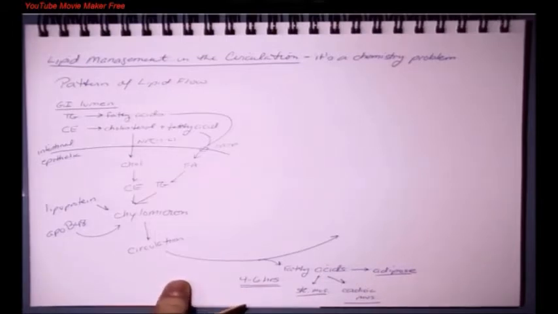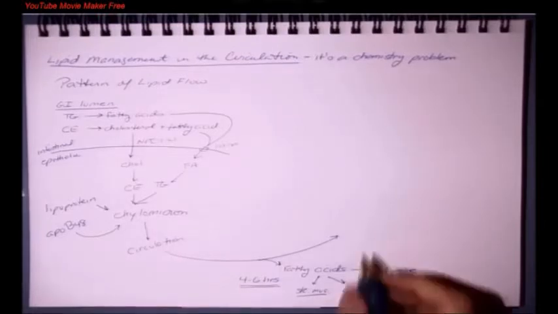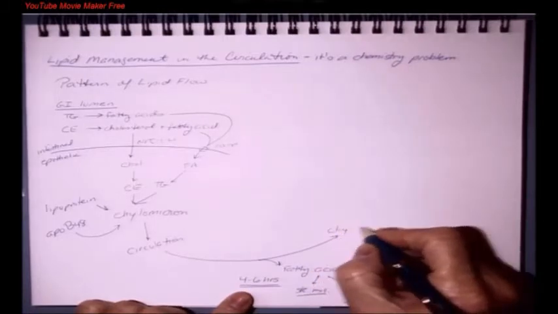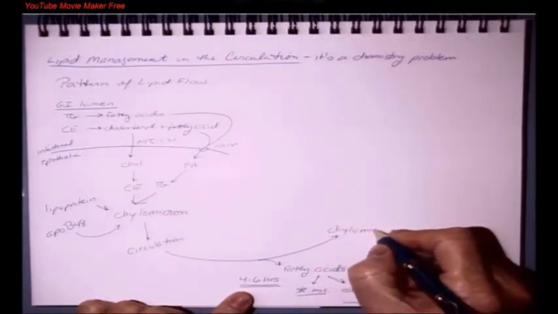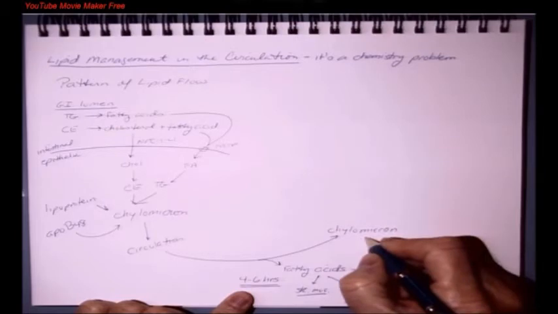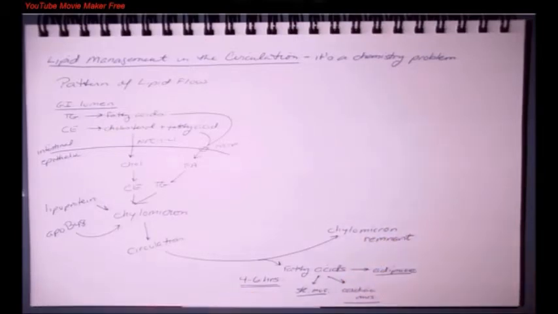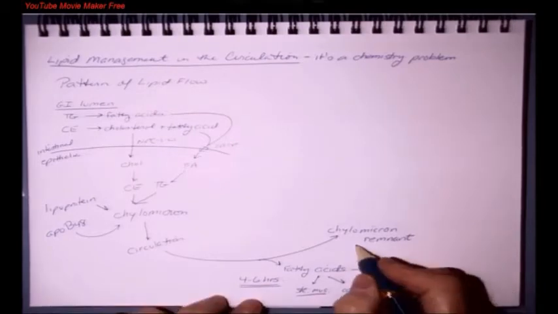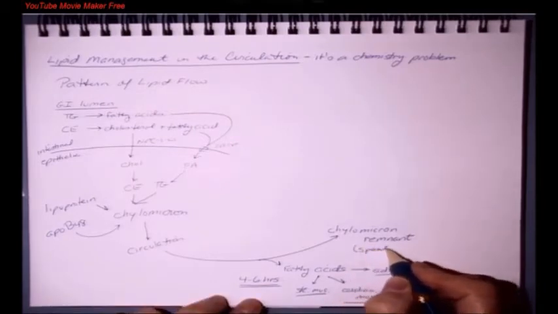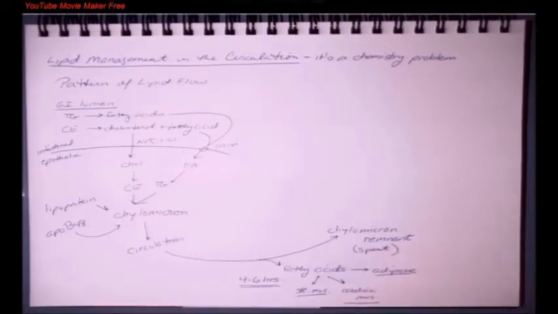Okay? So now, once we're processing this chylomicron and removing all of these fatty acids as we go along, this is going to end up as what's called a chylomicron remnant. And a chylomicron remnant is considered somewhat of a spent particle. And a spent particle, that doesn't mean that it is devoid of fatty acids.